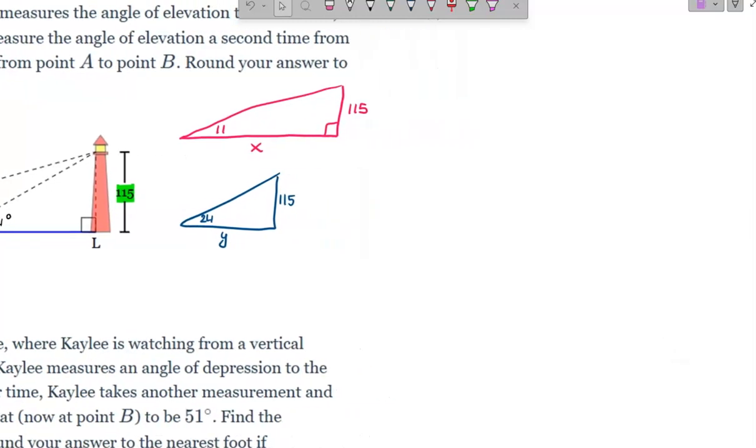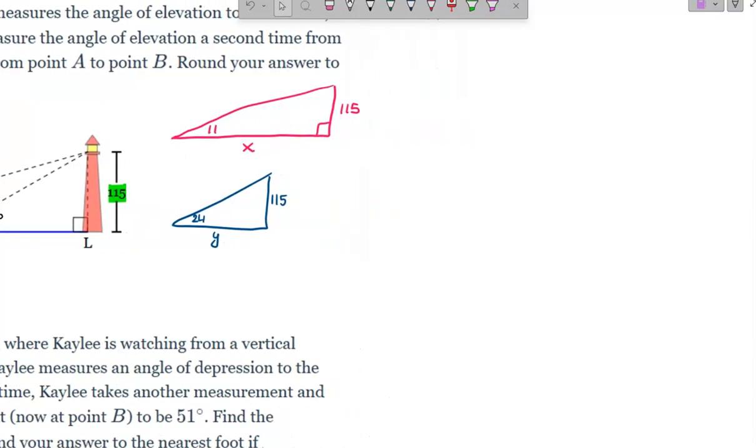So what I'm going to do is solve both of these problems and then interpret what these numbers mean in my problem. I'm going to write this out as tangent of 11 equals 115 over x. I'll multiply both sides by x, and we get x times tangent of 11. I know I can put that in my calculator at any point to write the decimal, but I'm going to wait until my final step, trying to save myself writing a bunch of decimals.